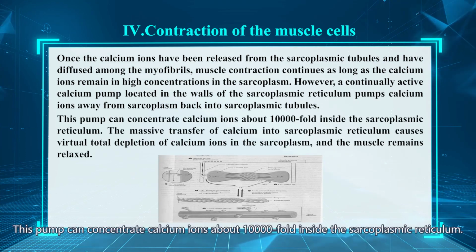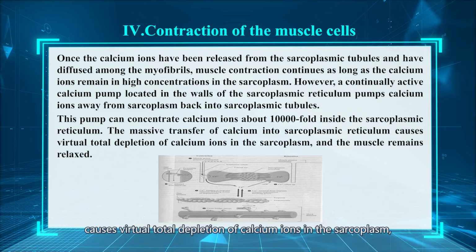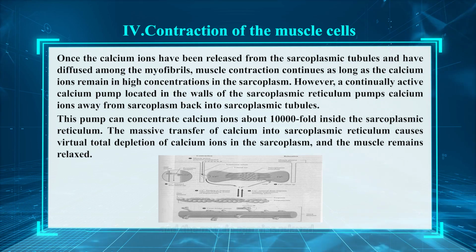This pump can concentrate calcium ions about 10,000-fold inside the sarcoplasmic reticulum. The massive transfer of calcium into the sarcoplasmic reticulum causes virtual total depletion of calcium ions in the sarcoplasm, and the muscle remains relaxed.